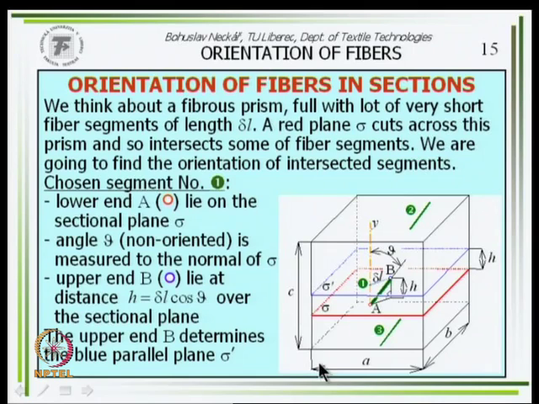This box has the dimensions A, B, C, and a sectional plane is the red plane sigma, this one. The fiber segment number 1, which is shown here, is a special segment which has its endpoint A immediately in the cutting plane sigma.